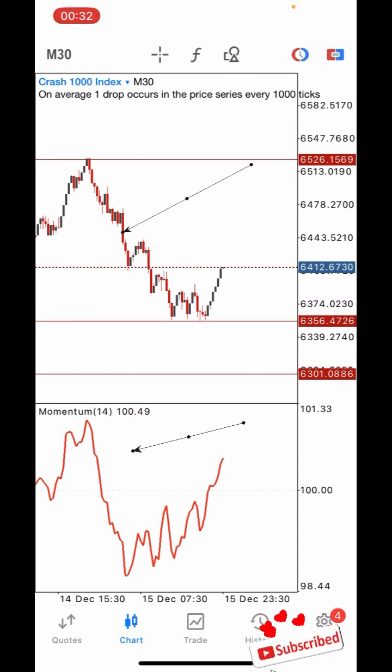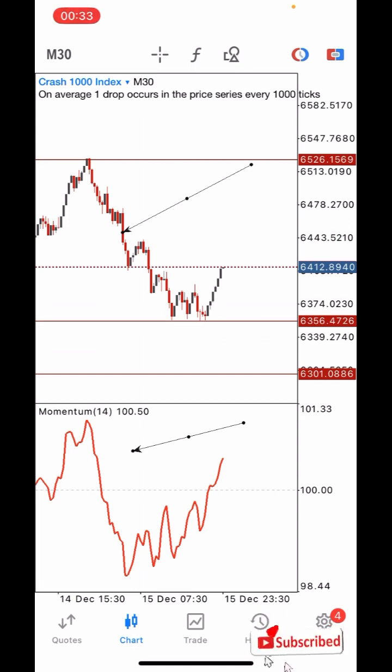And once I see that you guys are responding positively to it and you understand what I've just taught you, then in my next video, I'm going to teach you how to find entries with this strategy, because it doesn't make sense that I teach you how to find entries when you haven't really understood what this divergence and momentum is all about.